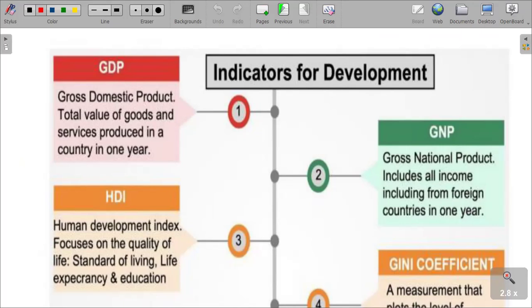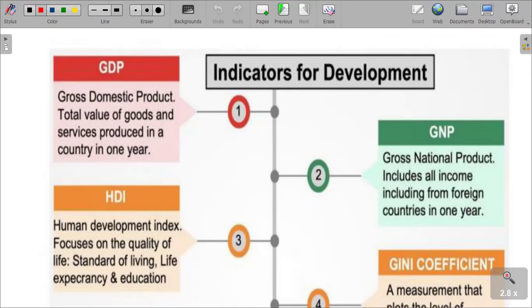So it is also an economic indicator that our people must understand. It is a key indicator of a nation's economic development, which represents the total value of all goods and services within a country's borders during a specific period, usually a year.